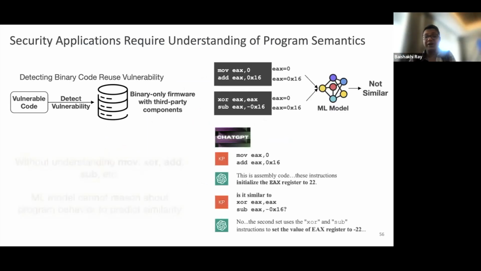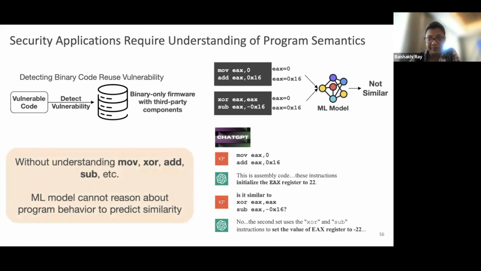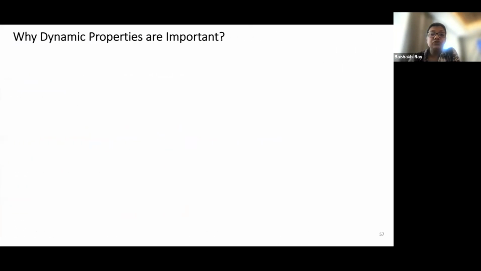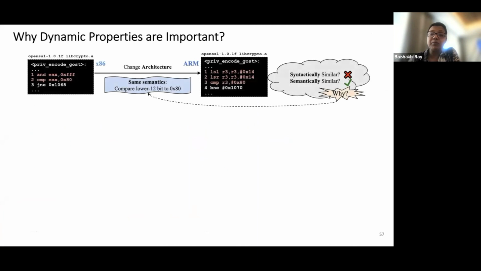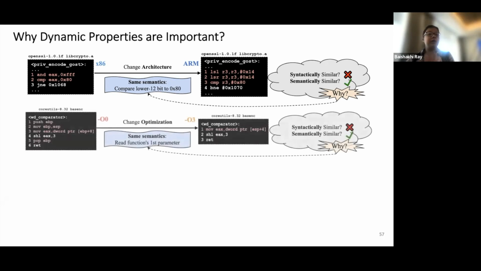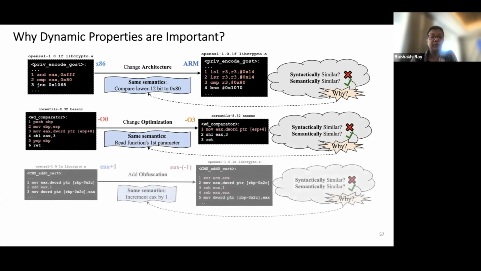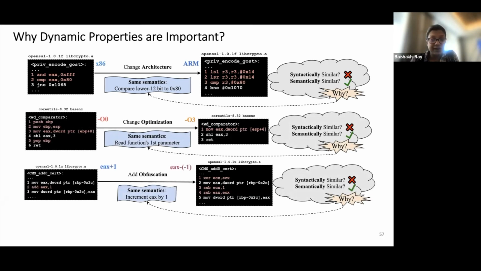And I was showing this ChatGPT example as I was showing before. Without exposing the model to these dynamic values, it is almost impossible to figure out what is going on semantically. And these are important because in binary, the code may look very different across different architectures, across different optimization flags, and also when the code is obfuscated.